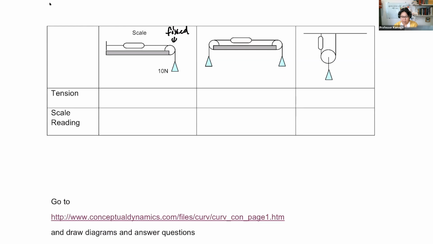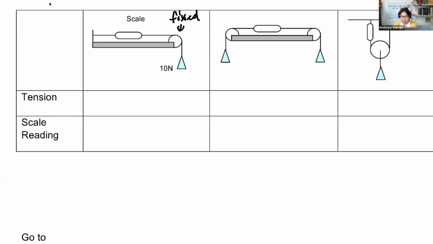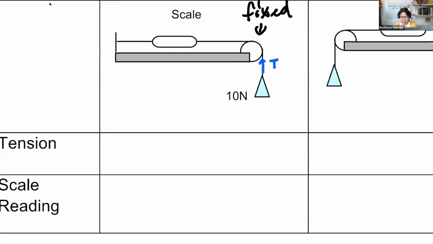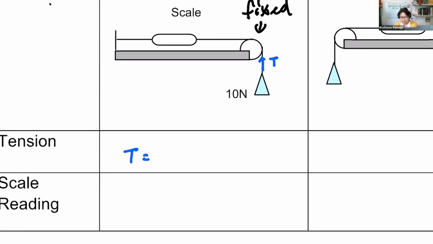What do you think the scale would read? Let's see. Tension force should be 10 Newton. Therefore, the scale should read 10 Newton.